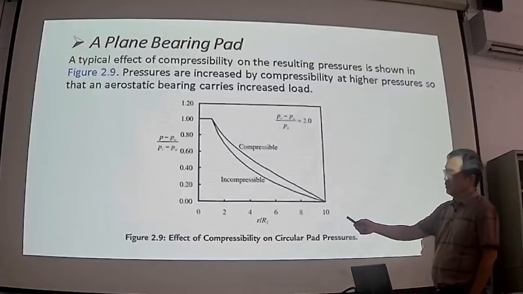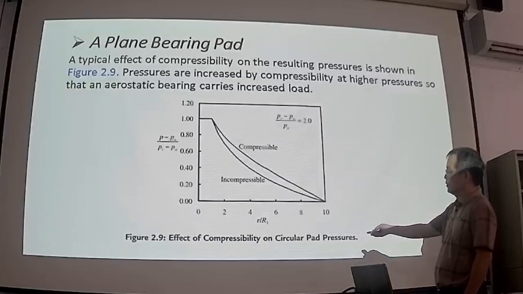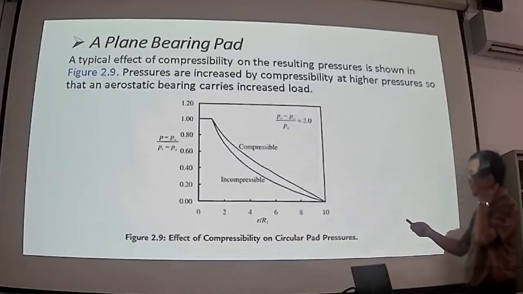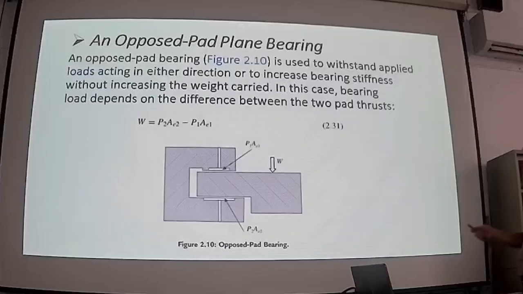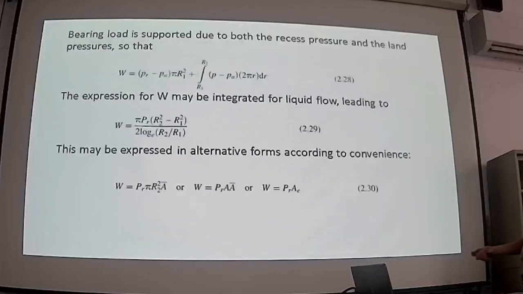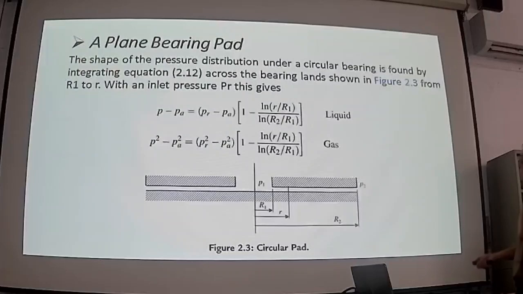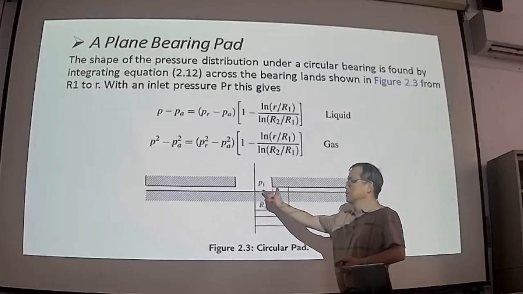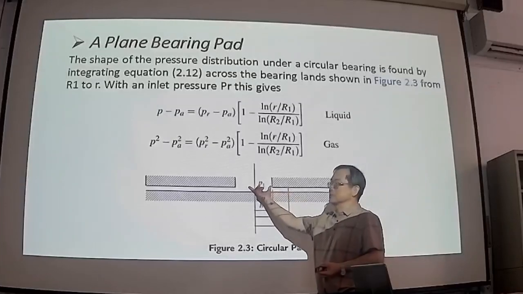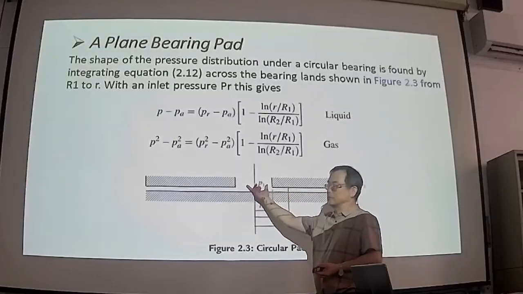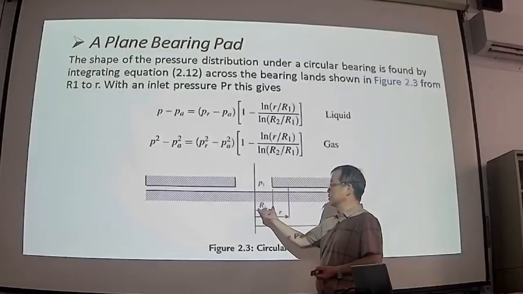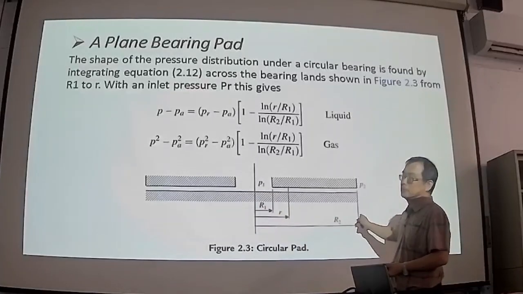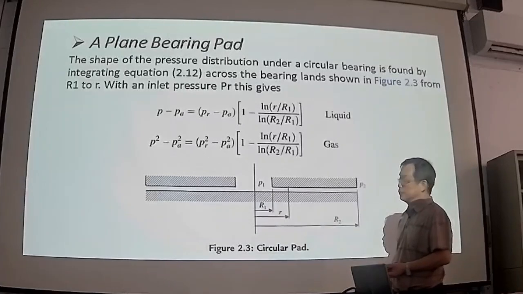So this is for the circular bearing height, and on the horizontal axis is R divided by R1. R1 is the radius of the bearing recess. R2 is the outer radius of the circular bearing.